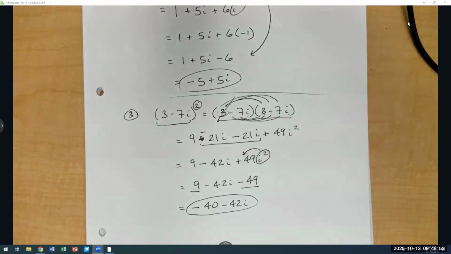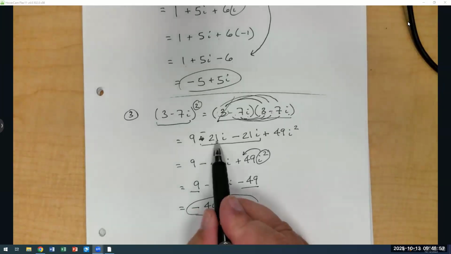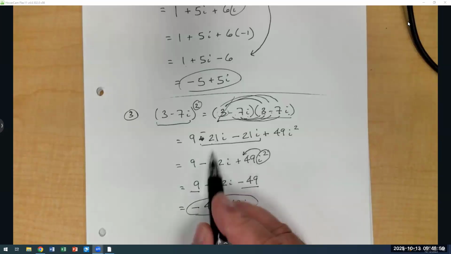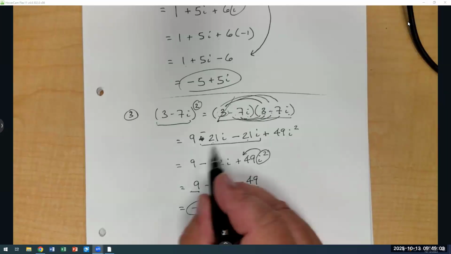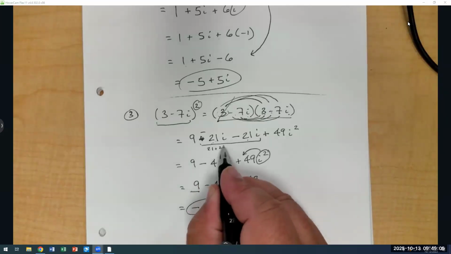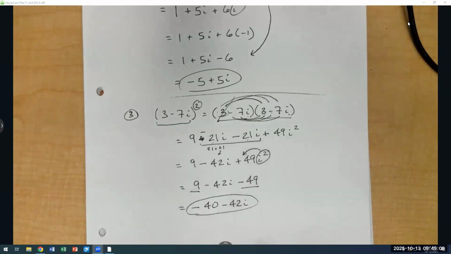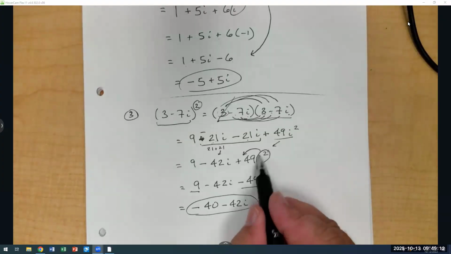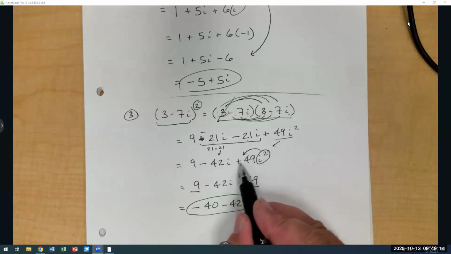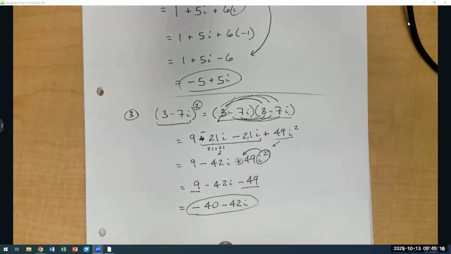It's the stuff we've been doing all along. And then combine like terms. Negative 21, negative 21. They're both negative. So I add the two numbers. 21 plus 21 is 42. And then bring this one down. Because it's i squared, I changed the sign in front of that one.